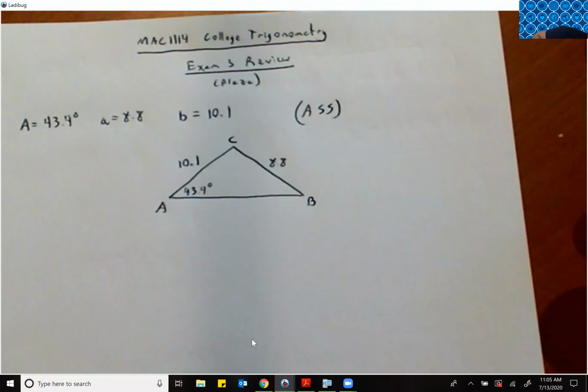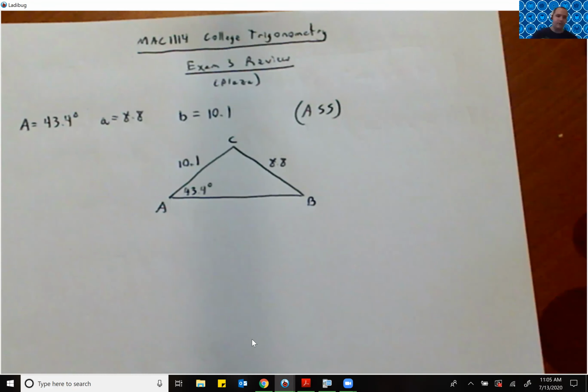If this was not the angle side-side case, then you'd be looking at whether you have the side angle case, or angle side as I call it, or angle side angle. Because for law of sines, we use the angle side case and the angle side angle case.